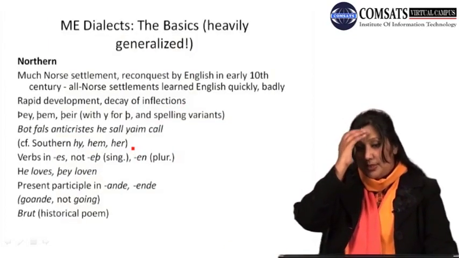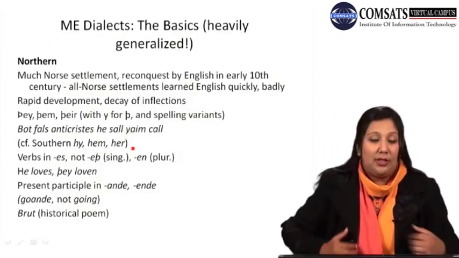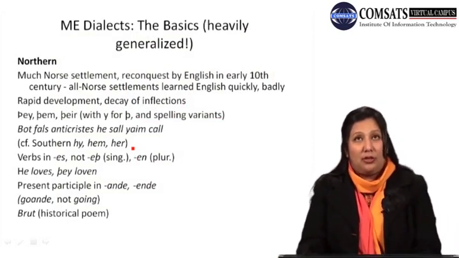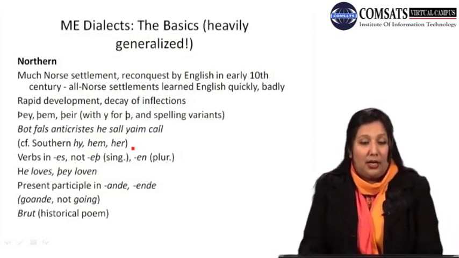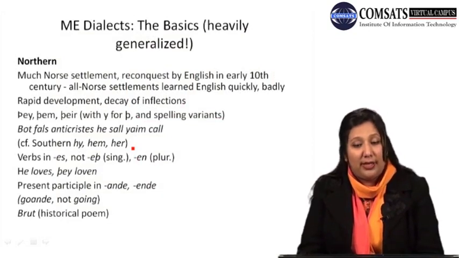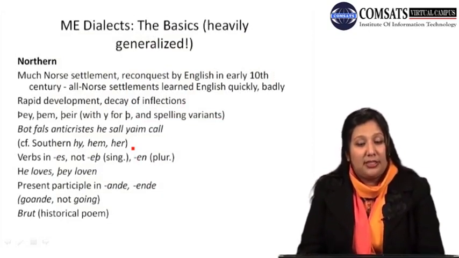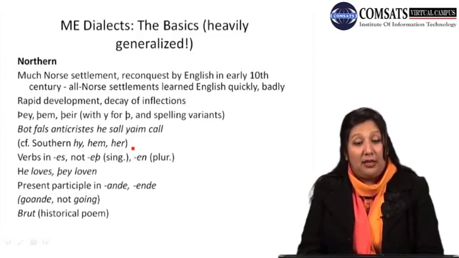Middle English dialects and the basics, heavily generalized. Let's see what they were. The first one is the Northern dialect. Much of the North's settlements were reconquered by the English in the early 10th century. All the North's settlements learned English quickly, badly.